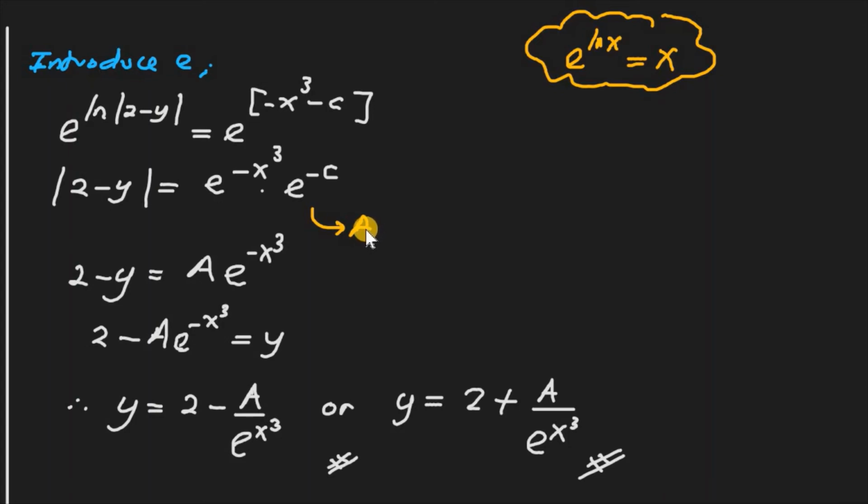We need to have the initial value, some information to solve for the a. So as of this level, you just put the constant. You can call it a big C or a in this case. So hence we got the y. So that the y is 2 minus a e power negative x cubed.